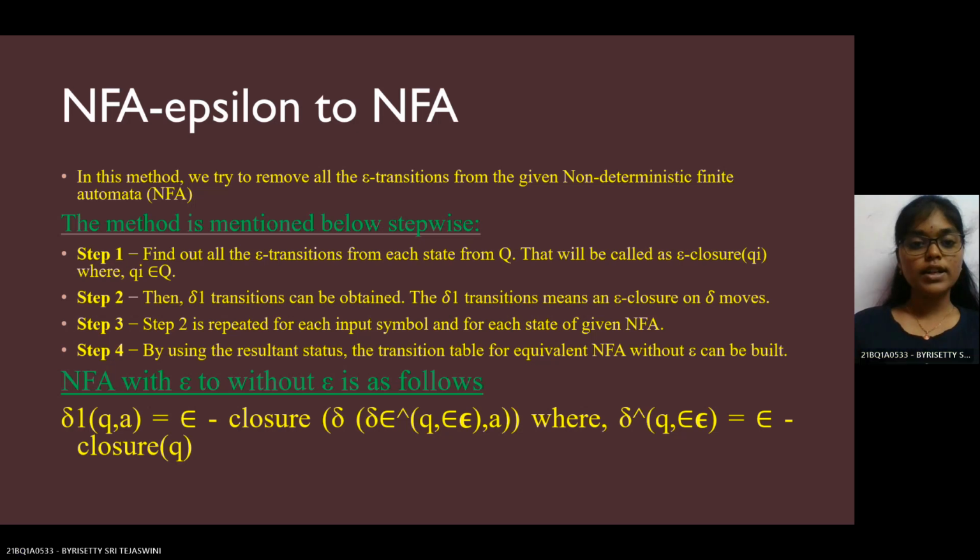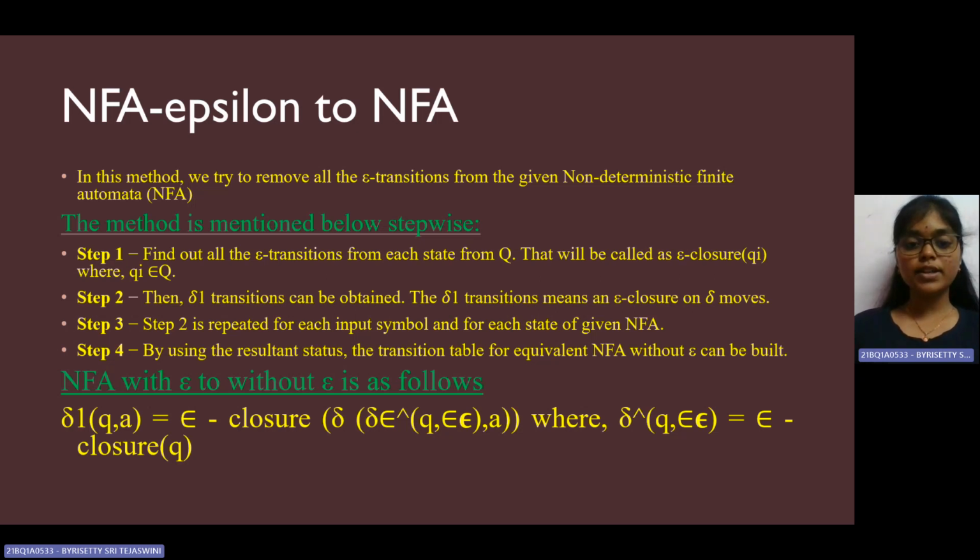Next, delta cap of Q, epsilon is given. Further, the epsilon closure values are taken, and then from those values, delta on the input alphabets is taken. Those values are taken, and the epsilon closure of those values will be found. So delta 1 of Q, A is the epsilon closure of those values.